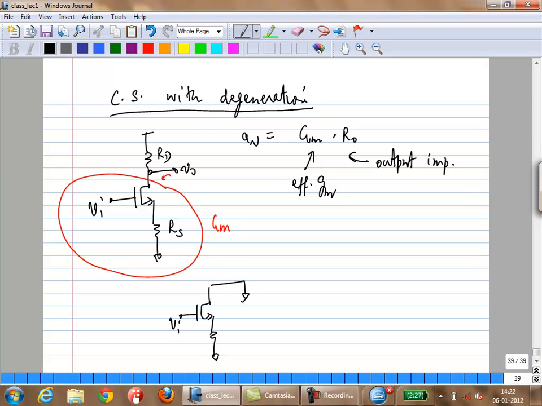One easy way to do this is to short circuit the output and find out the current which is being drawn. That will give you the transconductance, right? So let's quickly draw the small signal picture.